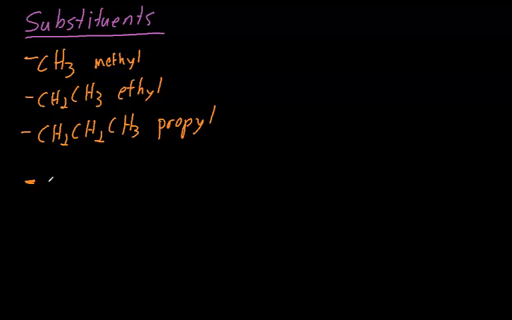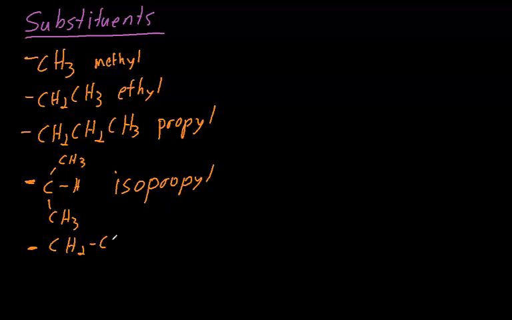And then, since the propyl substituent is made of three hydrocarbons, they can actually be arranged in a different order, which gives you isopropyl. Isopropyl is when the substituent is bonded at the middle carbon instead of the first carbon. And then we have butyl, CH2CH2CH2CH3.